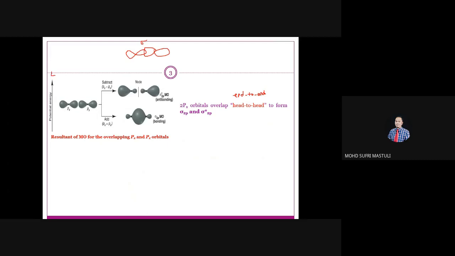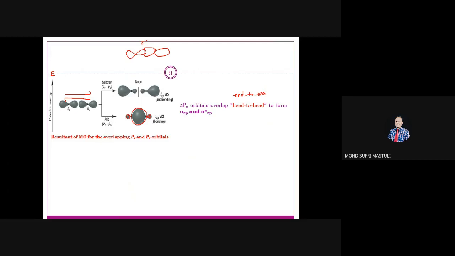This is the energy axis. Px, px for the bonding, the shape is like this. In the middle, there is greater electron density when this one overlaps.